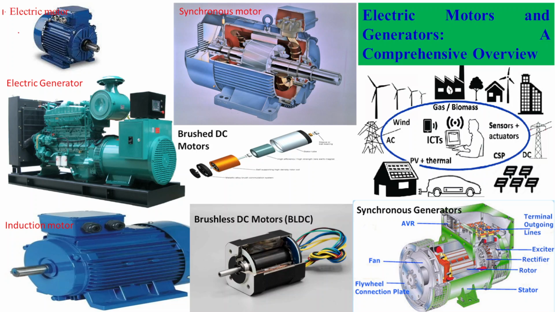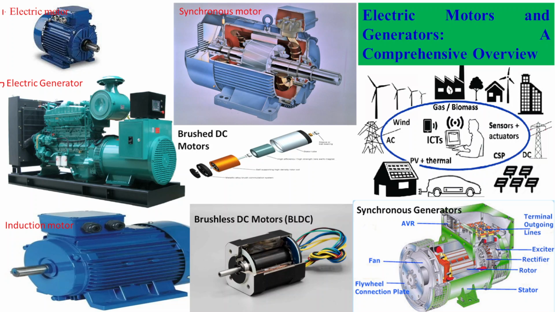The basic operation of an electric motor involves the creation of a rotating magnetic field that exerts a torque on a rotor, causing it to turn. Depending on the type of motor, this rotating magnetic field is generated by either alternating current or direct current supplied to the motor winding.